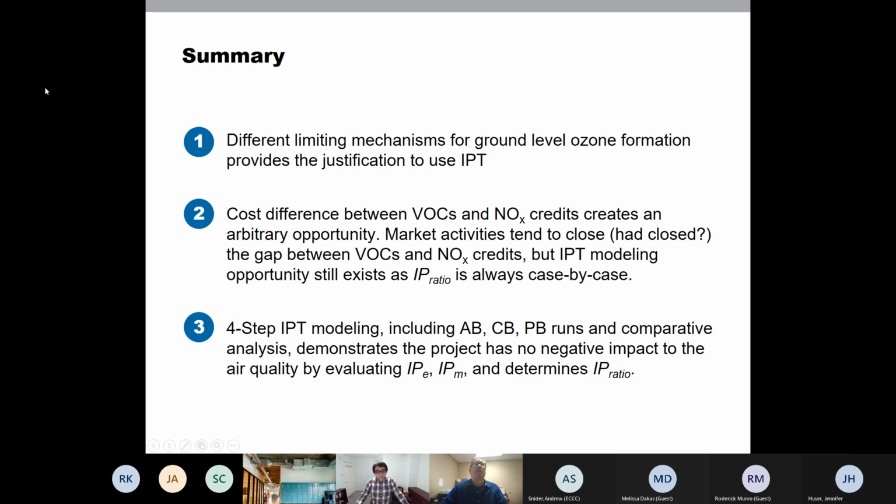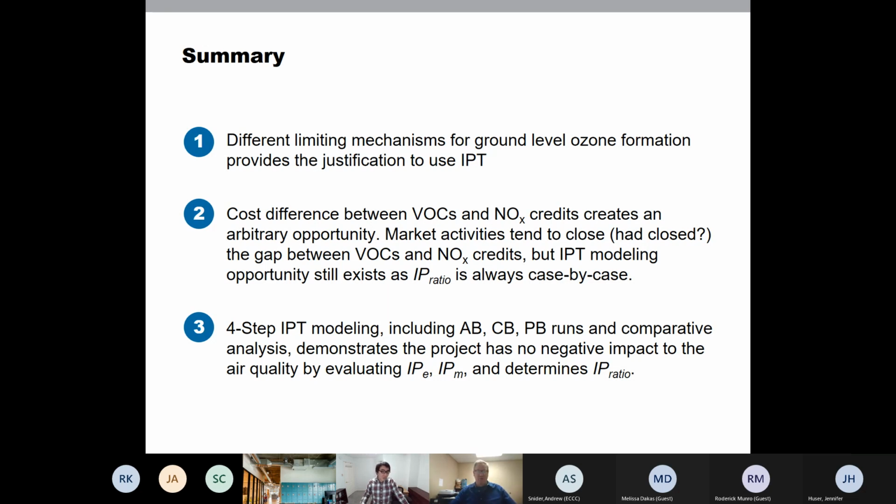Second, the cost difference between VOC and NOx credits creates an opportunity. Market activities tend to close, or have already closed, the gap, but the modeling opportunity still exists in the ratio. You can play with the ratio.